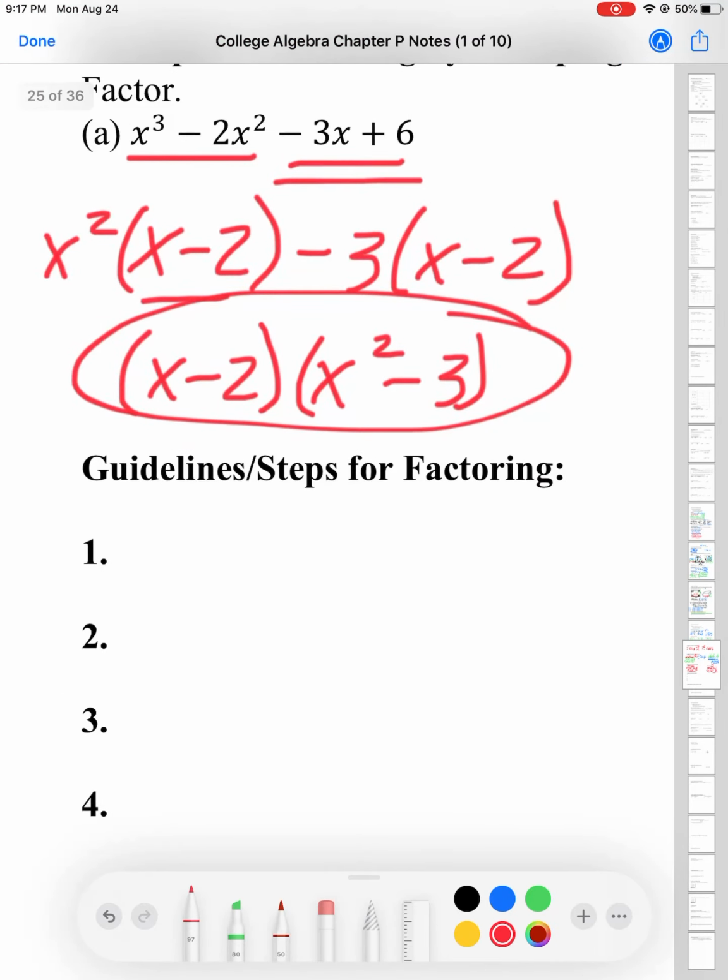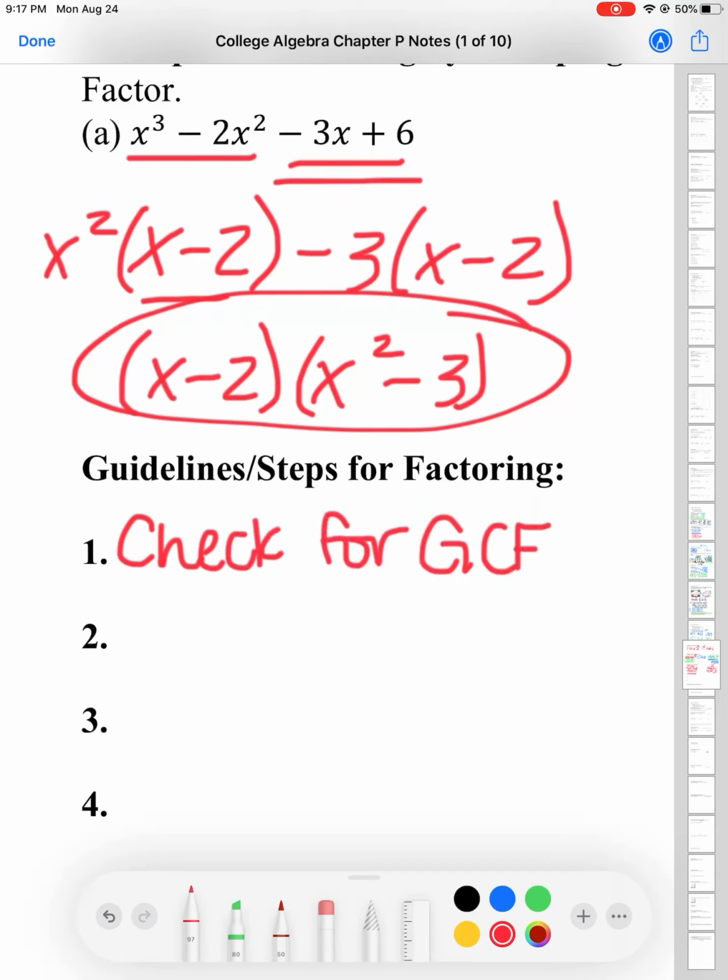Okay, so just as a little summary, guidelines, steps for factoring. First, we always check for a GCF. You never know when one could show up, and you might be struggling to factor something because you're forgetting to factor out a GCF.